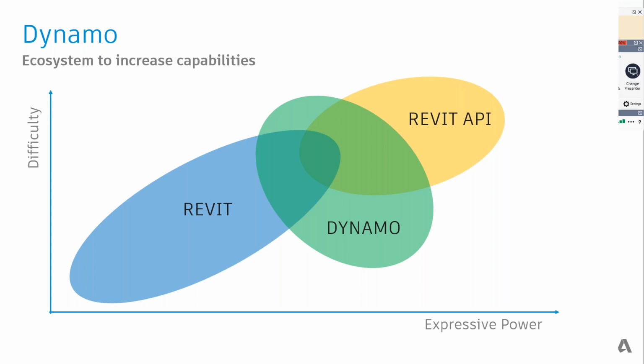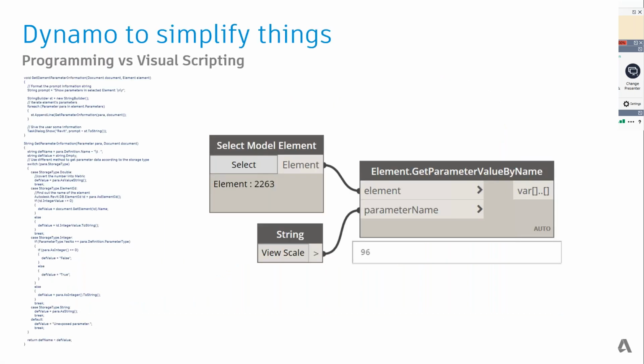So it is for these people that Dynamo comes as a boon, where they can create these visual scripts or visual programs and achieve a similar automation within the design workflows. So if I just have a very quick visual check of what a scripting environment looks like and how it reflects when the same information is translated within the Dynamo environment, we are performing almost the same operation, but with much fewer steps and in a simpler manner, right?